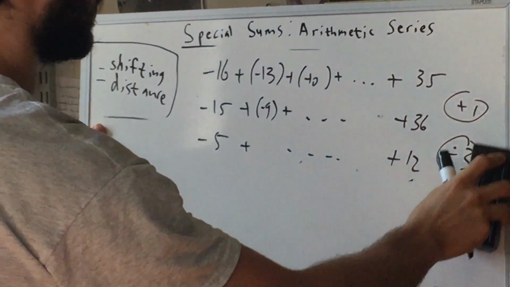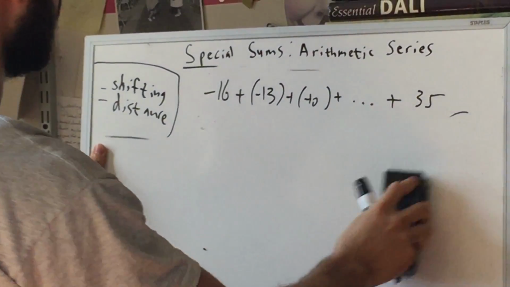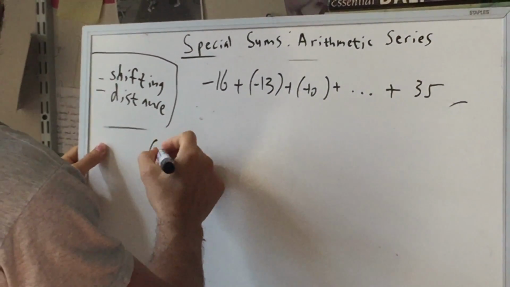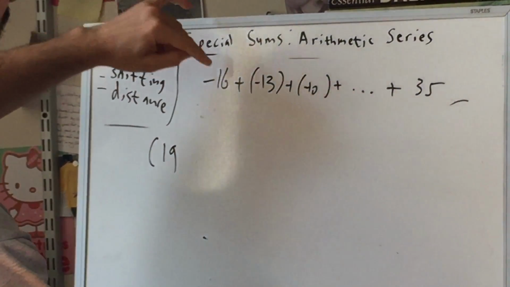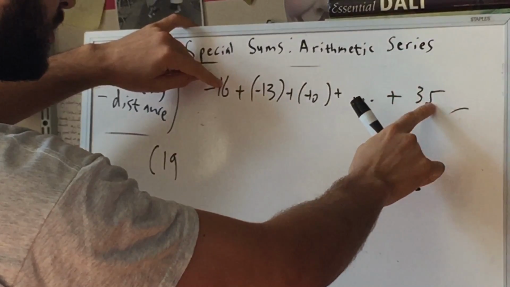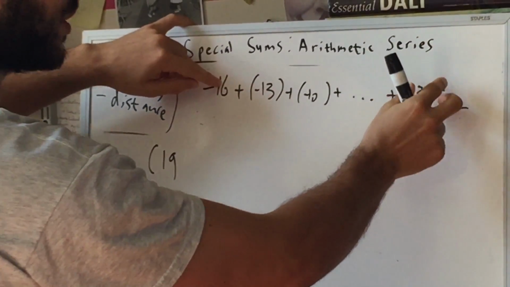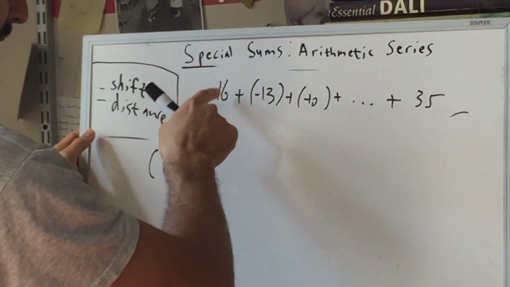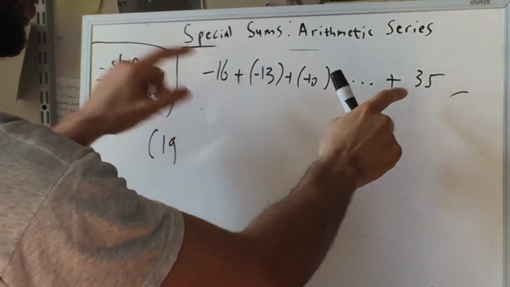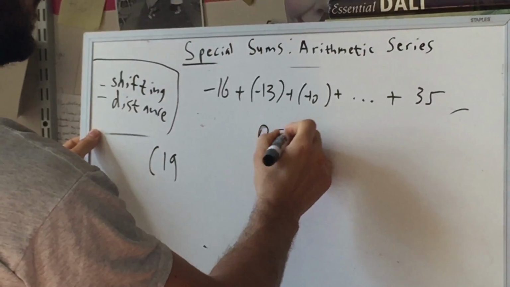Distance method, again, you would have the same 19 for the sum per pair. And then you see, how far are we going from negative 16 to positive 35? For that, you could do 35 minus the starting point. So 35 minus a negative is going to be 51. So the distance is 51.